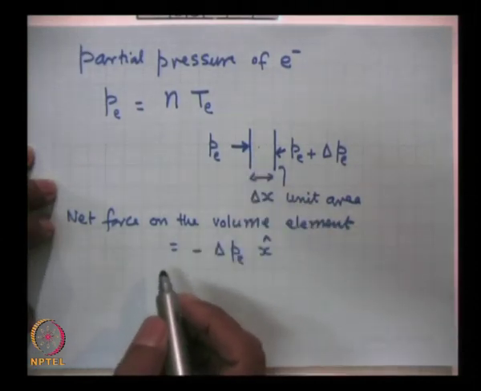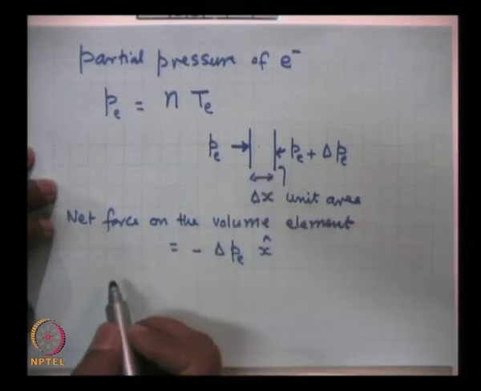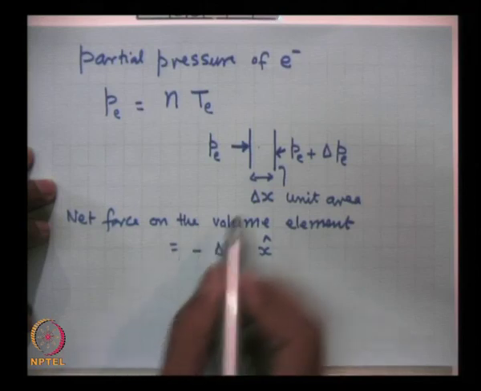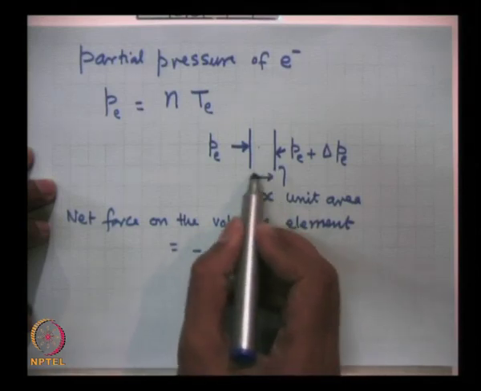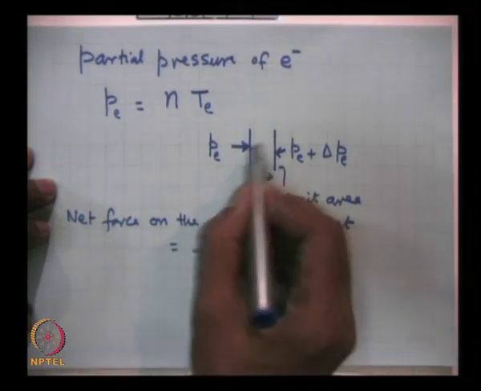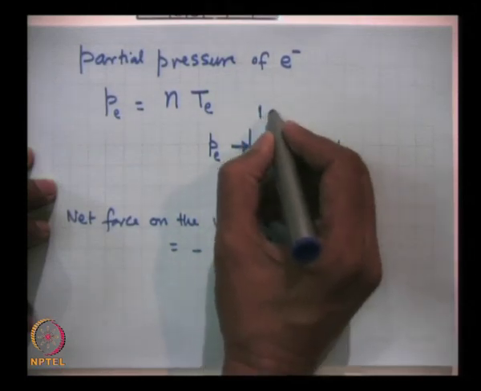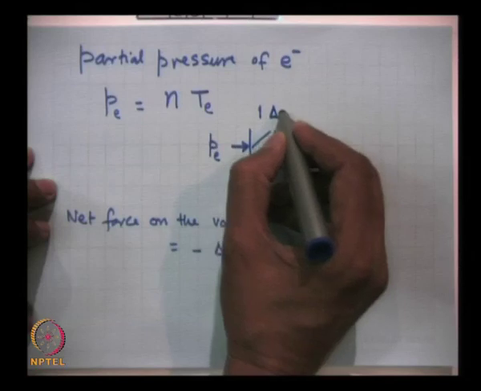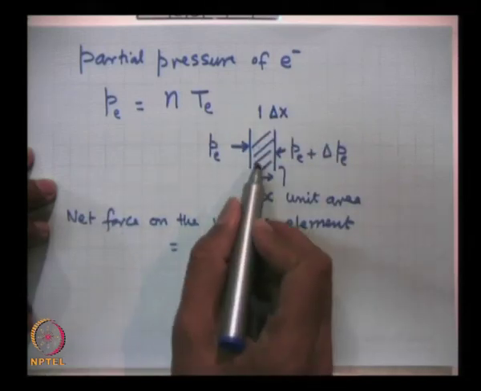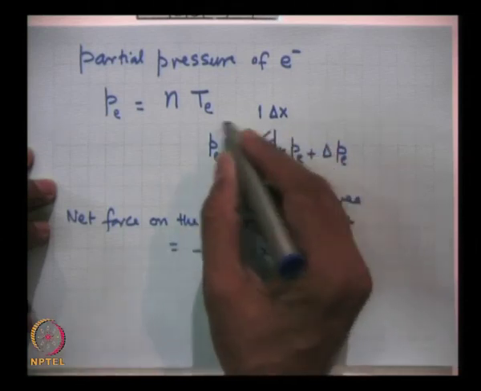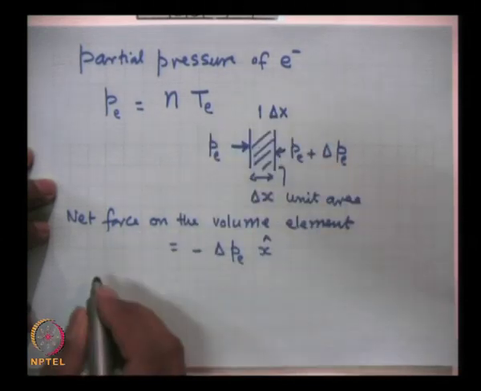If n is the density of electrons in unit volume, then the volume of this small region is 1 into dx, so the total number of particles here would be density times delta x.